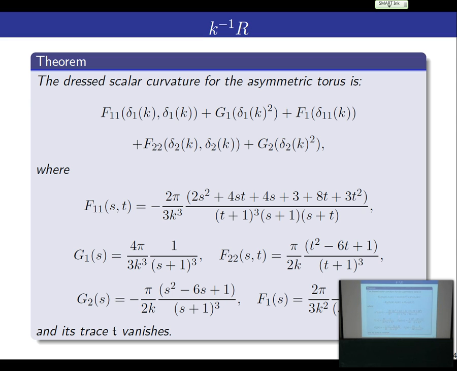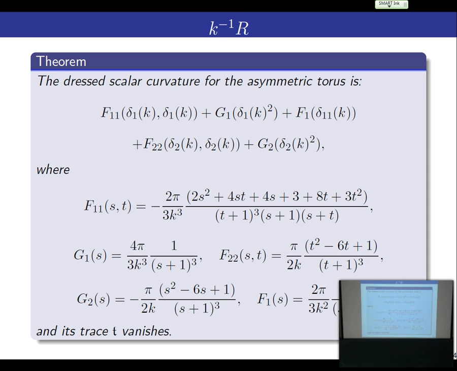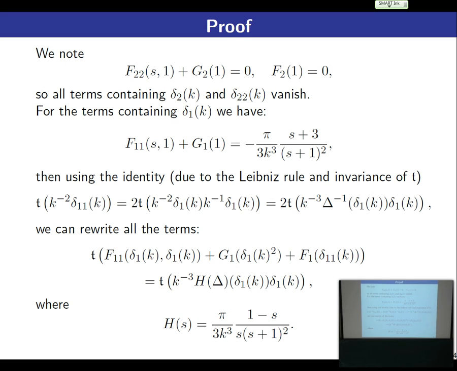And the claim, which is the statement of Gauss-Bonnet, is that the trace of this expression vanishes. It's still not clear that it vanishes, and here we also wanted to understand it in a more conceptual way. So first of all, one looks at this part, and explicitly sees that inserting 1 in f22 plus g2 produces a function which is 0.